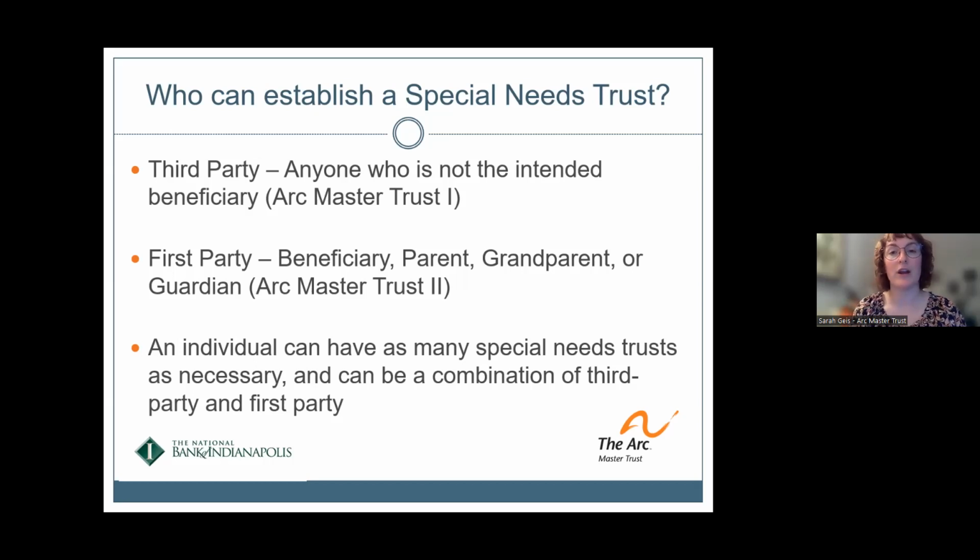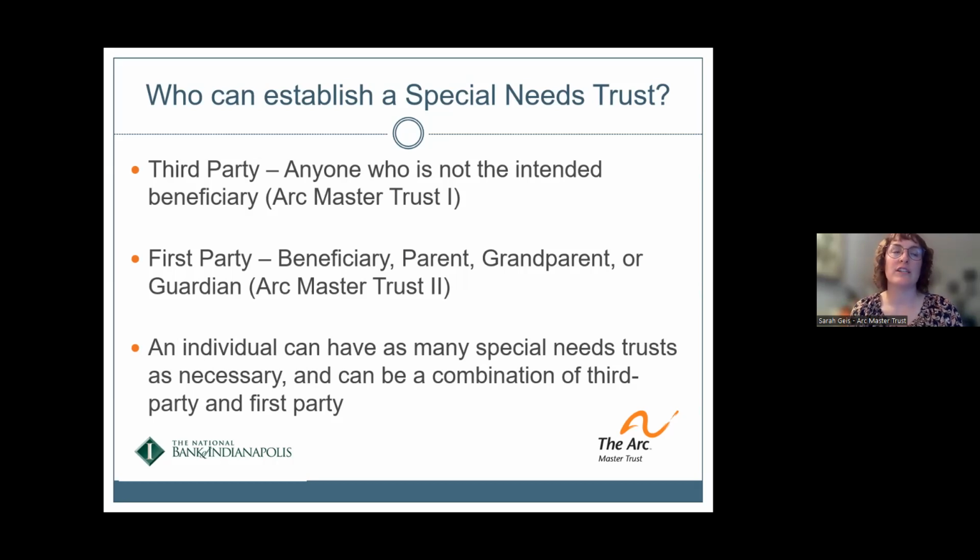If a beneficiary has a guardian or a power of attorney, they can also establish a first-party trust for the benefit of the beneficiary. A question I sometimes get from individuals who are exploring a first-party special needs trust is, can someone who is designated as a representative payee be the person to establish that first-party trust?